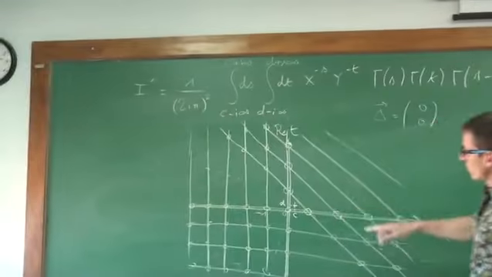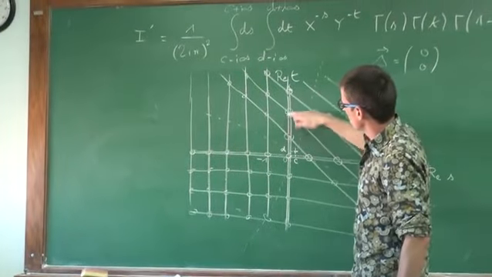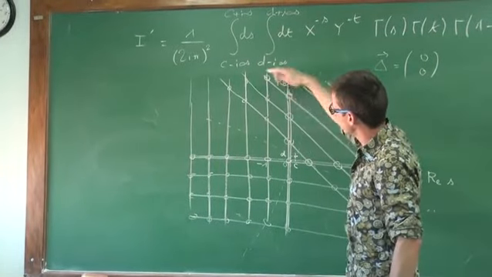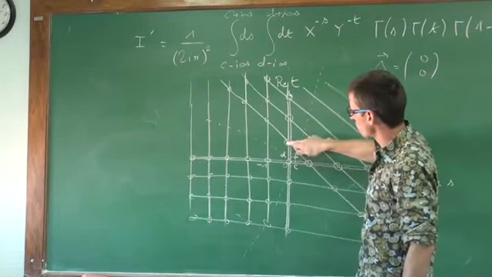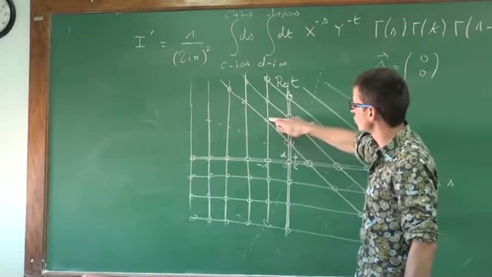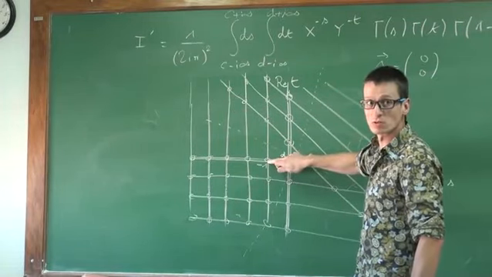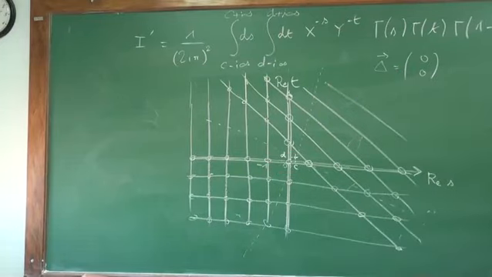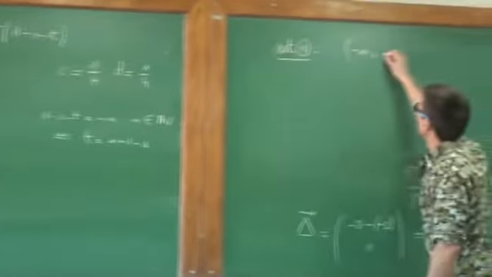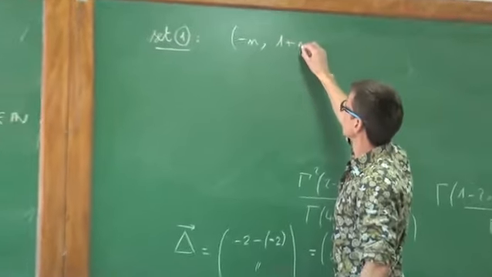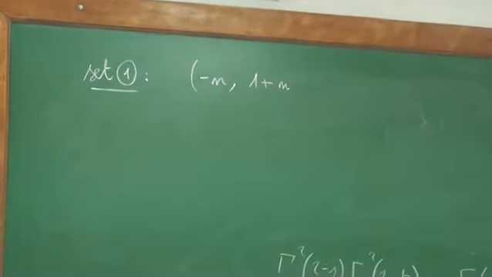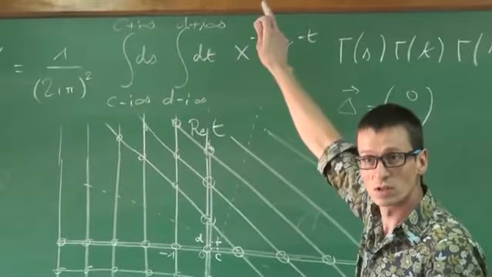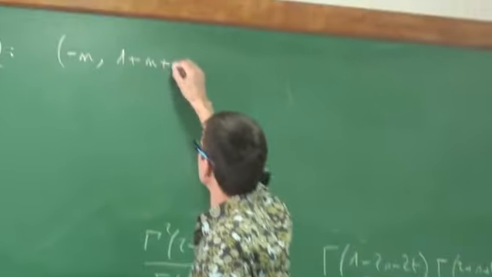Now, for the y coordinate, it begins at 1 for s equal to 0, at 2 for s equal to -1. So it will be 1 plus n plus something n, because you have infinite points for each abscissa.